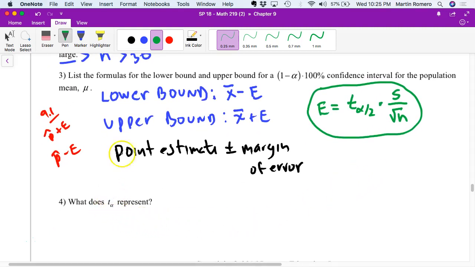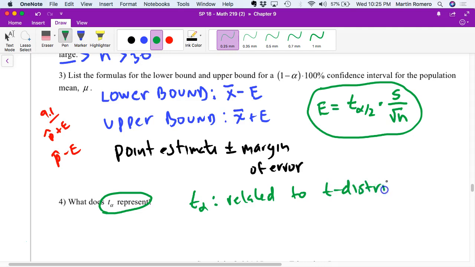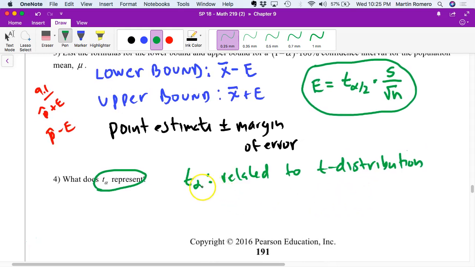What we need to know in this case now is this T value right here. This T alpha is related to something called the T distribution. We don't have to fully understand it. We just have to learn how to calculate the T distribution value, or the T alpha.